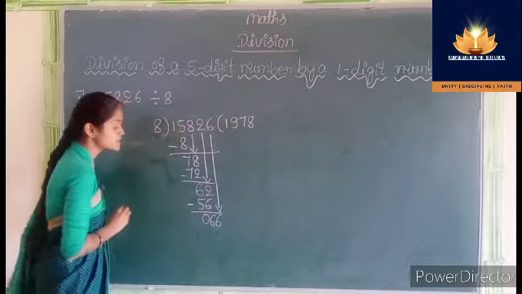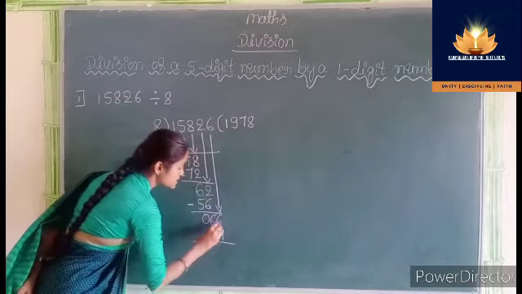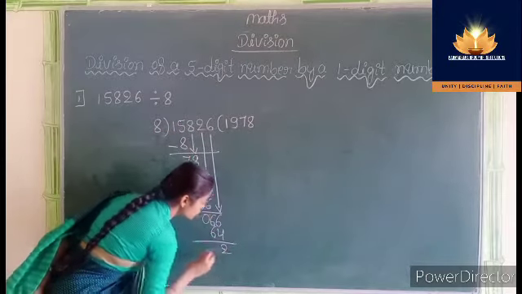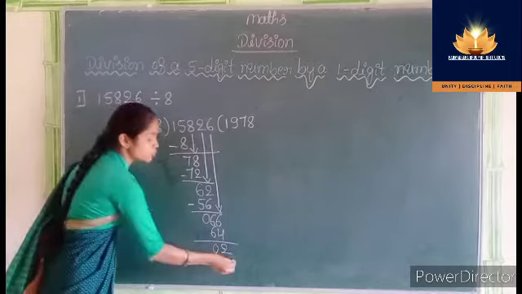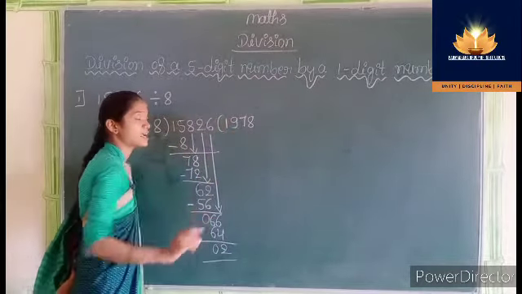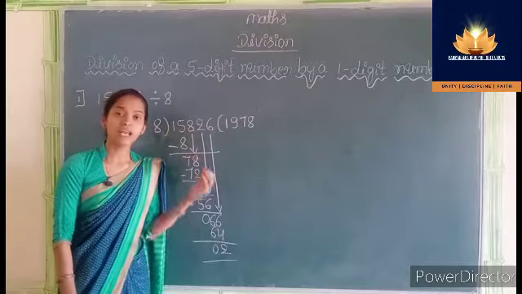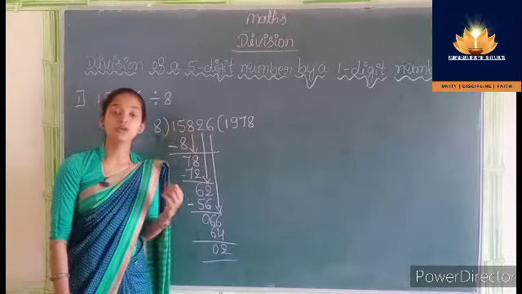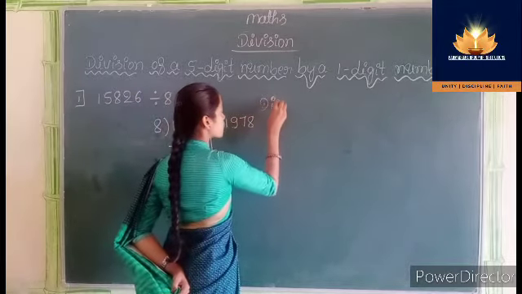Then write 64 below this 66. 6 minus 4, 2. 6 minus 6, 0. We get 2 as remainder and 1978 as a quotient.